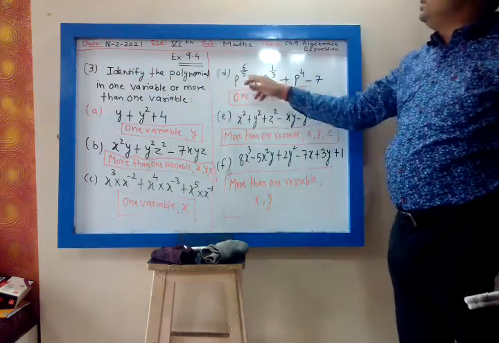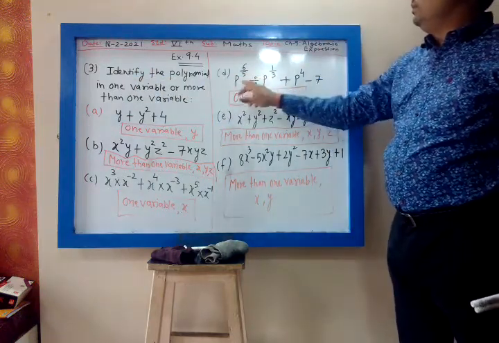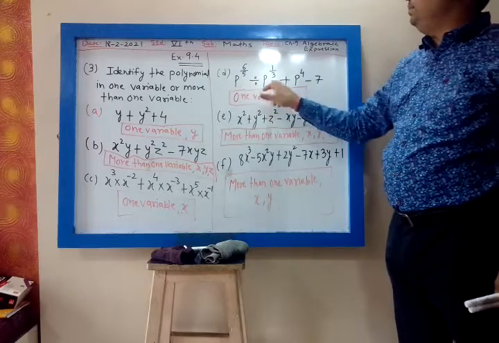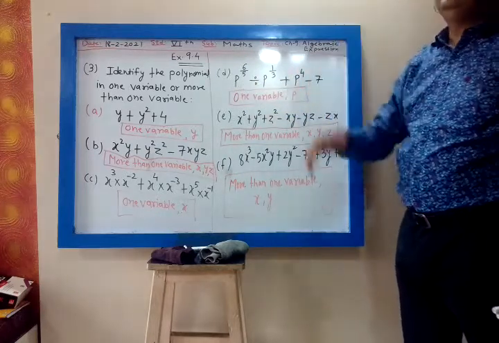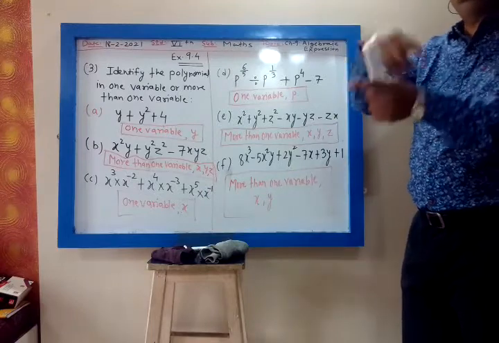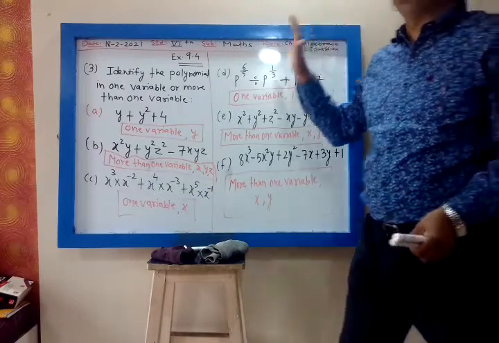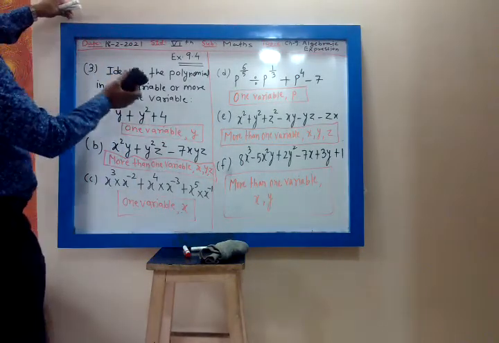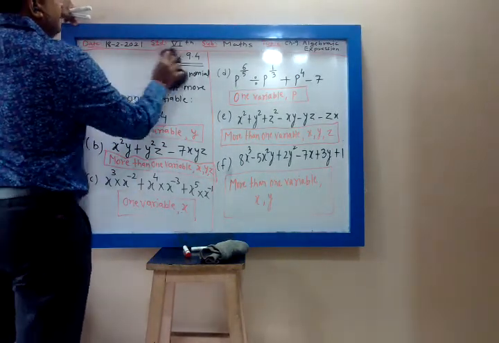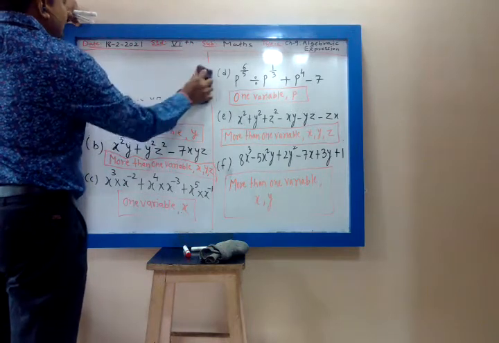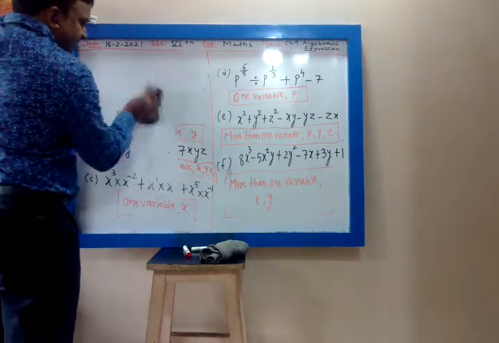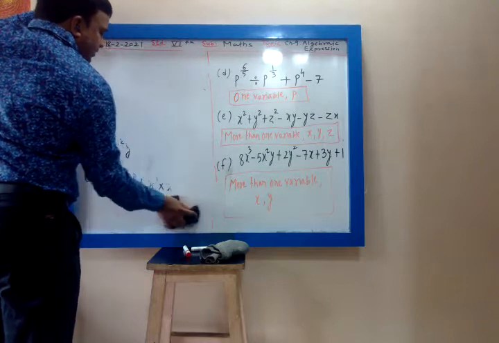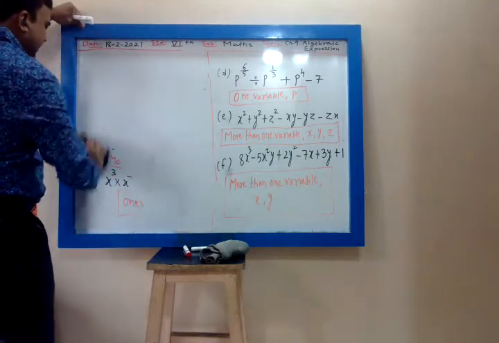How many variables can you see? P means one variable p. Whenever it is asked to find the degree of the polynomial, then only we simplify. Here we only have to identify, so we are not simplifying that. By looking at the expression, we just conclude how many variables are involved in the expression. Is it clear?